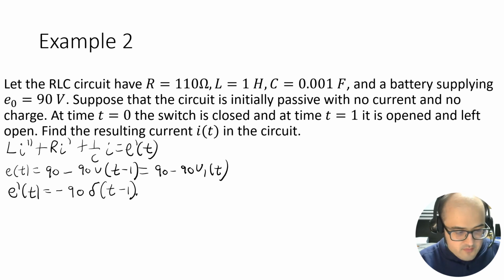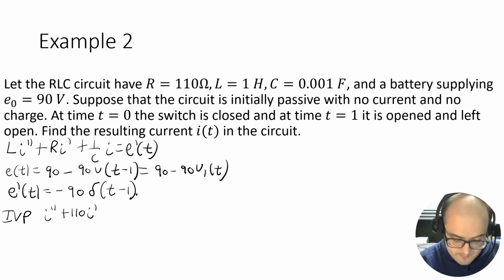So the initial value problem for this is going to be I double prime plus 110 times I prime plus 1000 I, equal to negative 90 times delta of t minus 1.